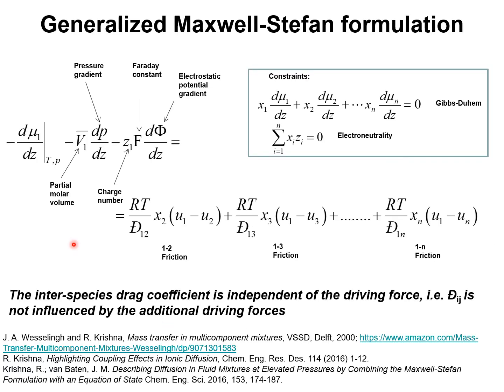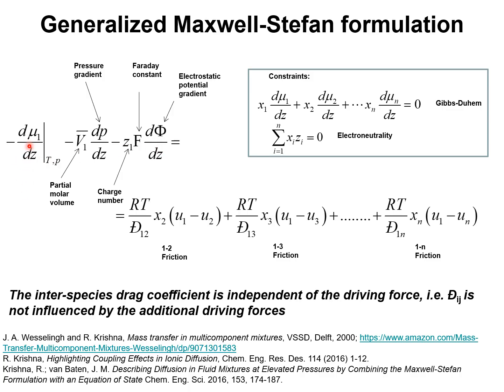Maxwell-Stefan diffusion formulation lends itself to generalization to a variety of scenarios that are encountered in practice in two different ways. Firstly, if there are additional driving forces that act on species 1, for example, pressure gradients or electrostatic gradients, these are to be added to the left-hand side.